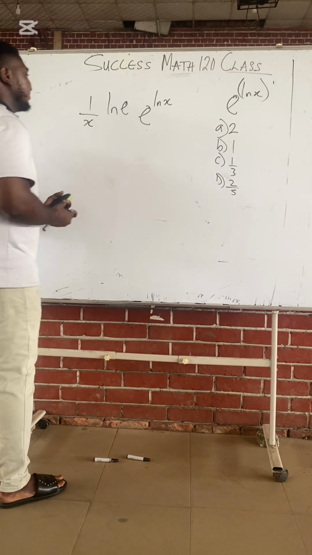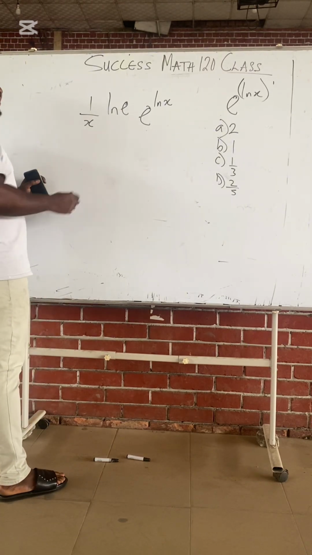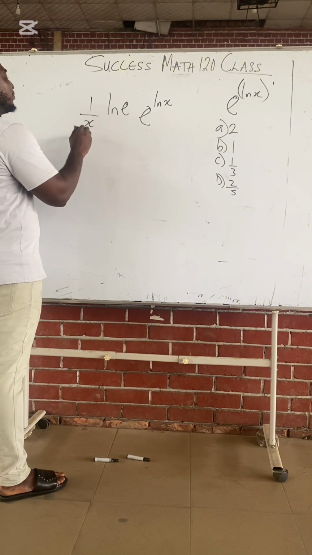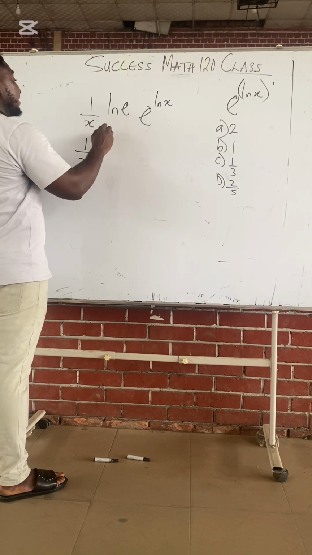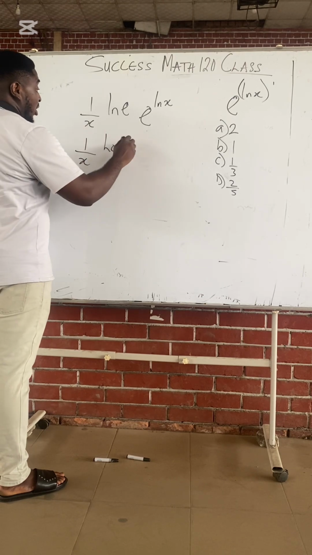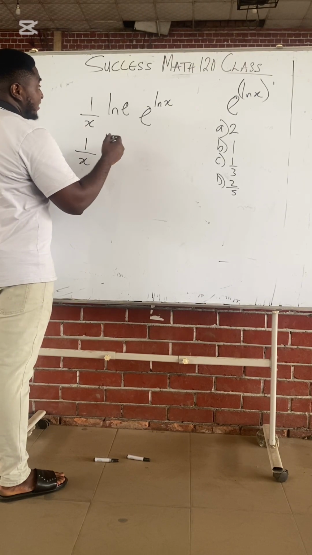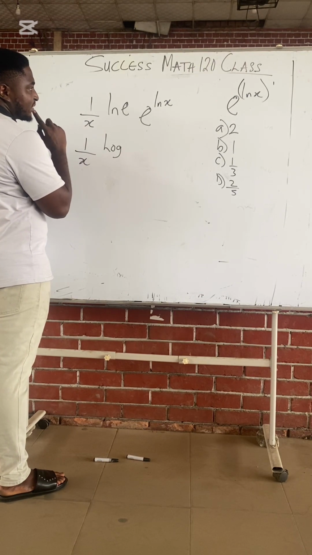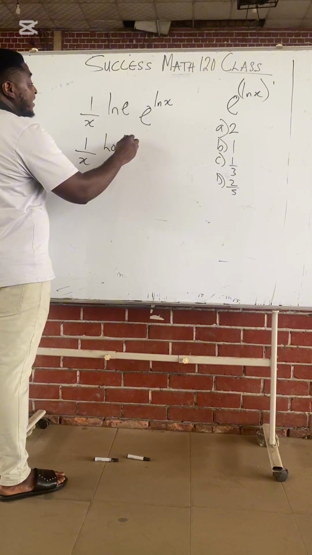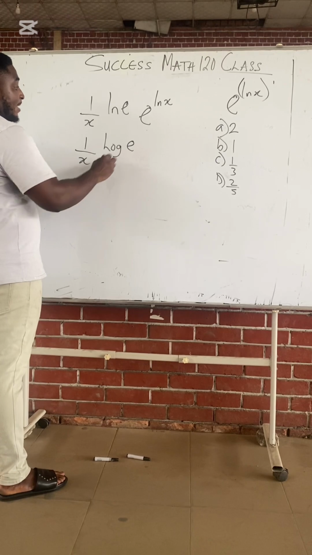Class, let me now show you. Is this in your option? What you do is this. ln e is written as log e base e.